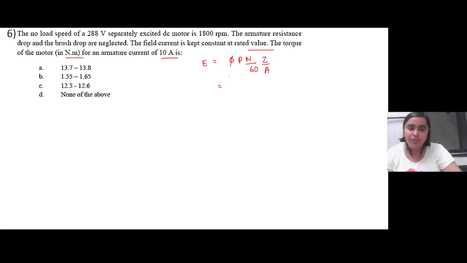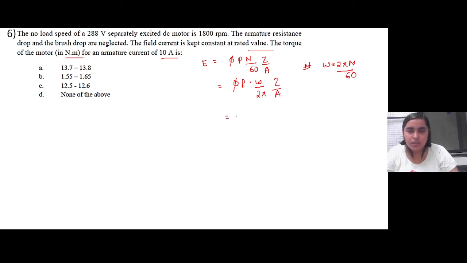So if we rearrange this, in place of N, if we write omega is equal to 2 pi N by 60, then this N by 60 we can replace as omega by 2 pi, into P phi into Z by A, right?